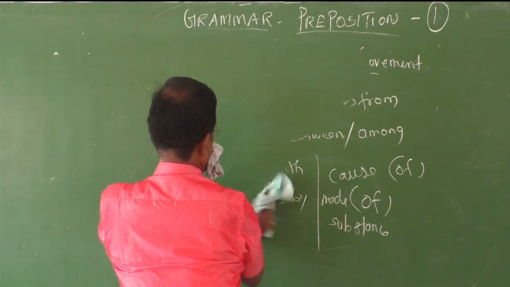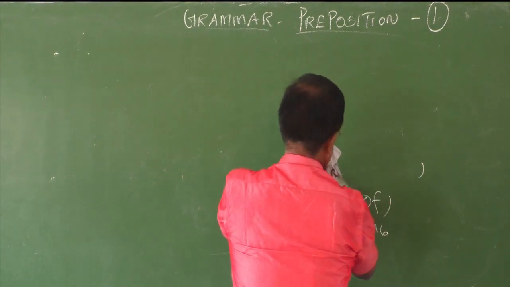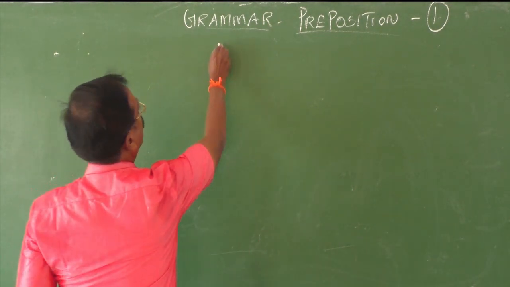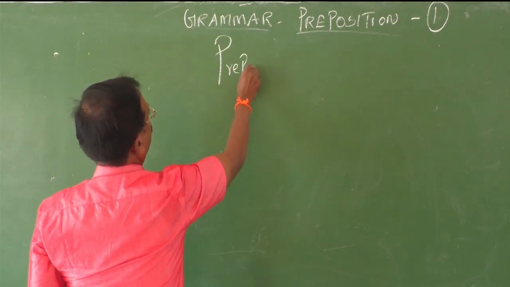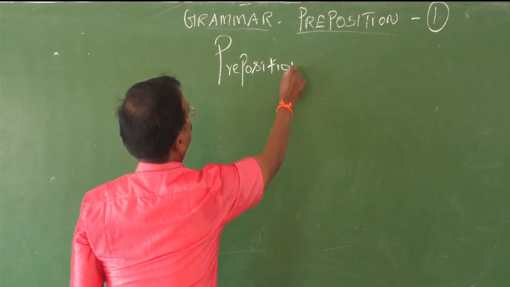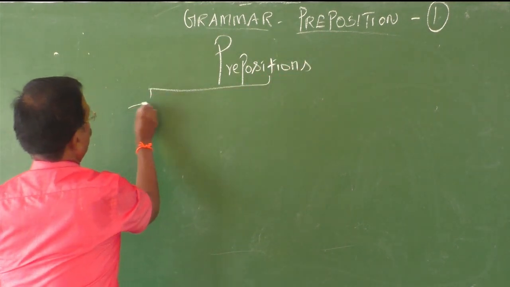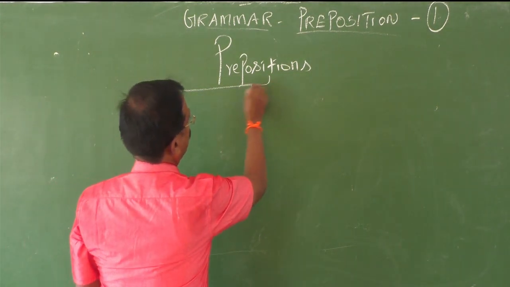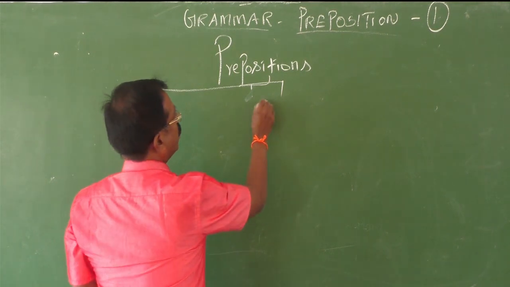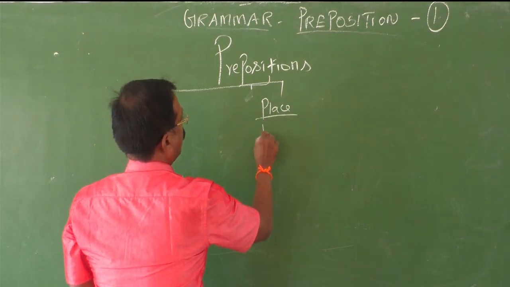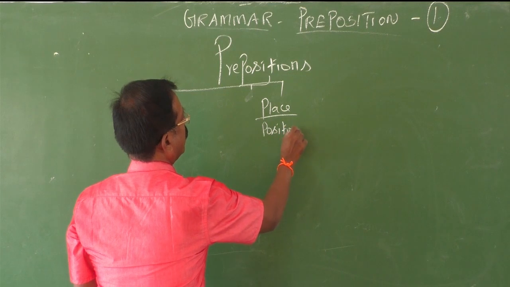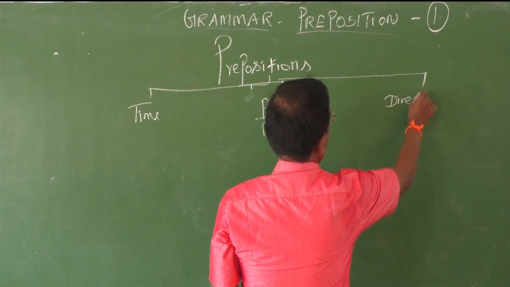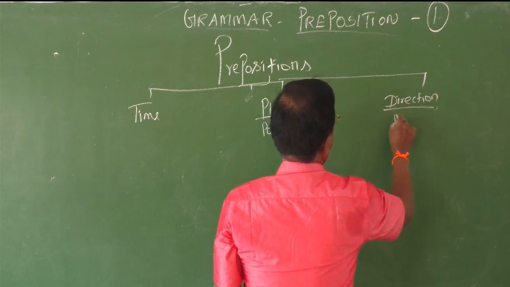So these are all the classification of the prepositions. Okay. So prepositions showing the time, then prepositions showing the place as well as the position, then prepositions showing the direction as well as the movement.